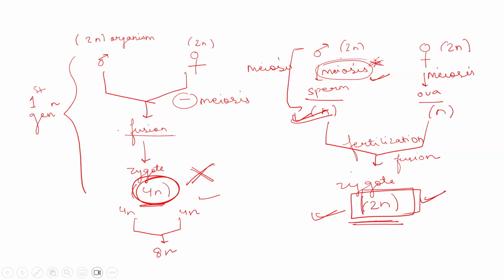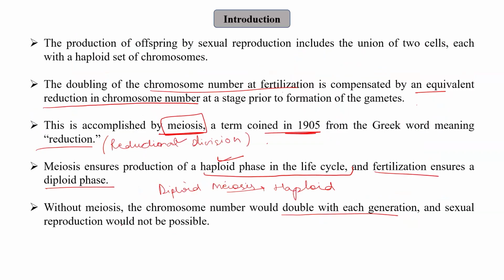Therefore, the chromosome number will keep on increasing with every subsequent generation, and it will be difficult for the organism to maintain its chromosomal state, for example the diploid state. Therefore, sexual reproduction would not be possible further without the process of meiosis.